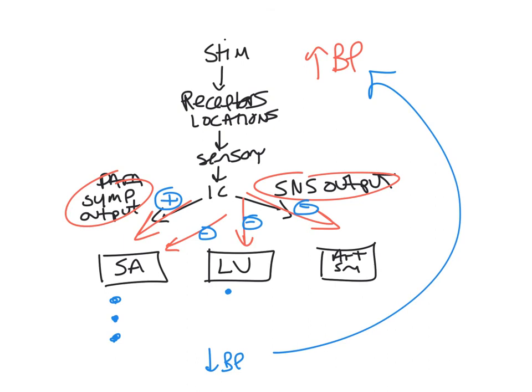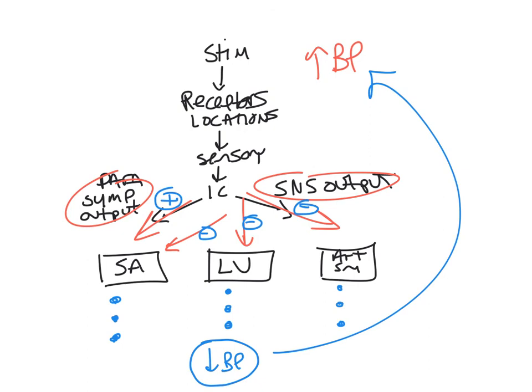The secondary response is a reduction in stroke volume, which causes a reduction in cardiac output, leading to a reduction in blood pressure. And finally, if you send less SNS output to the arterial smooth muscle, you get relaxation or vasodilation. The secondary response is an increase in vessel radius, which decreases peripheral resistance, which decreases blood pressure.